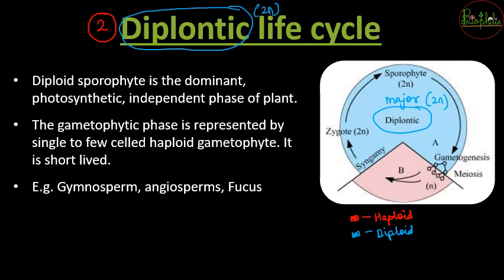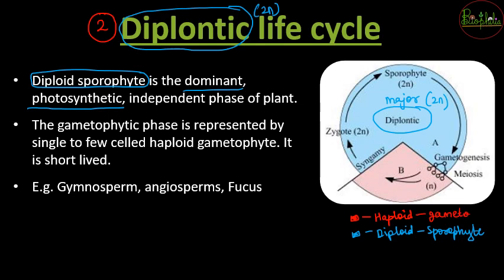So diplontic, that is diploid, is going to be the dominant photosynthetic independent phase. So diploid sporophyte, what is diploid? Diploid is nothing but your sporophyte. And who is haploid? Haploid is going to be the gametophyte. So if the sporophyte is dominant, then what is the condition of the gametophyte? The gametophyte will be left as only a single to a few celled haploid gametophyte.